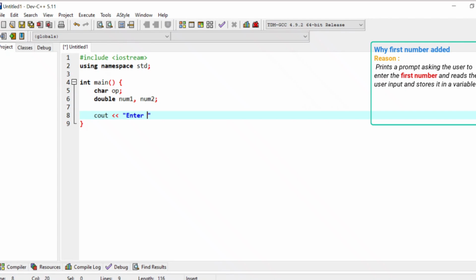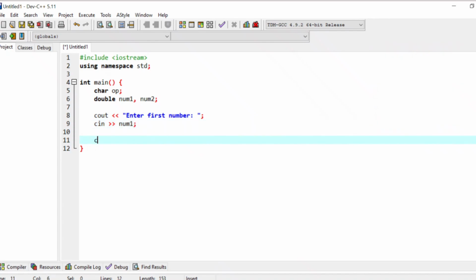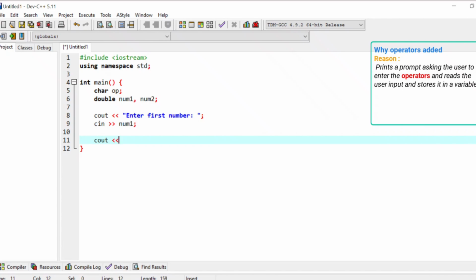The program first asks the user to enter the first number and stores it in number 1. Next, it asks the user to enter an operator, like plus, minus, multiply, or divide, and stores it in op.